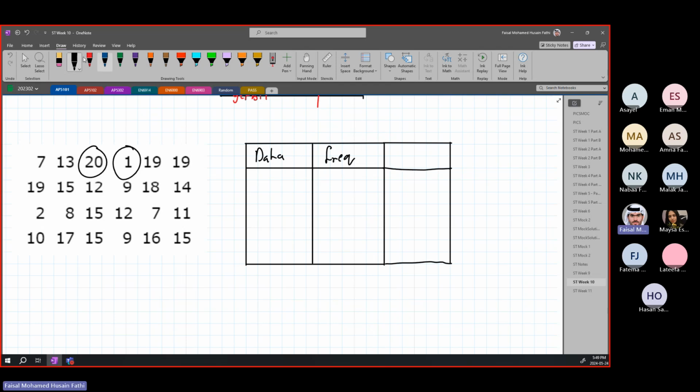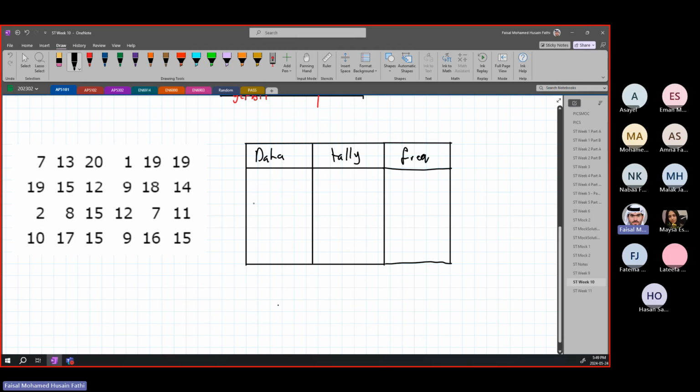To make it easier to count your frequencies when you're putting it. It is not important 100%, but it makes it much easier when you have a large number of samples, like a large sample size. So a lot of data. All right. So the way you can do this is you can have a range of data.